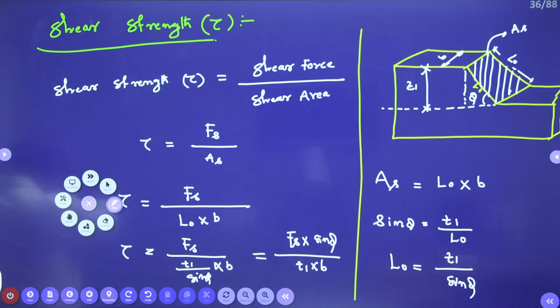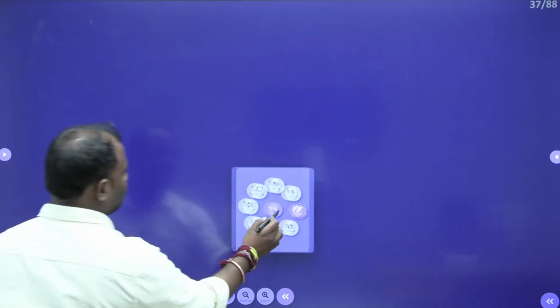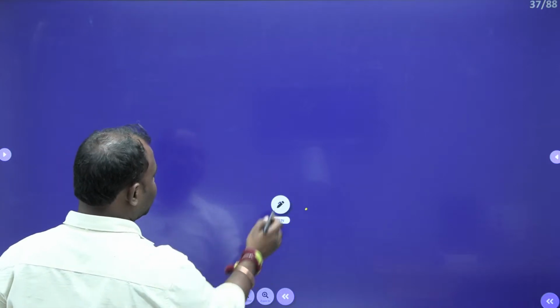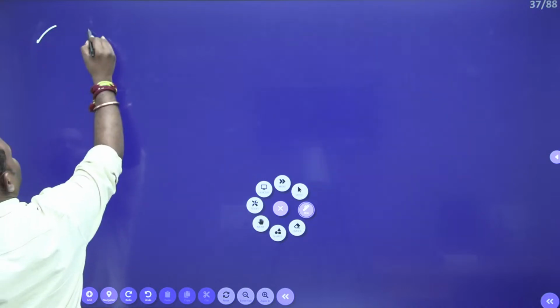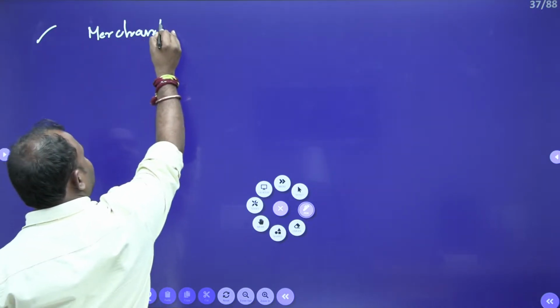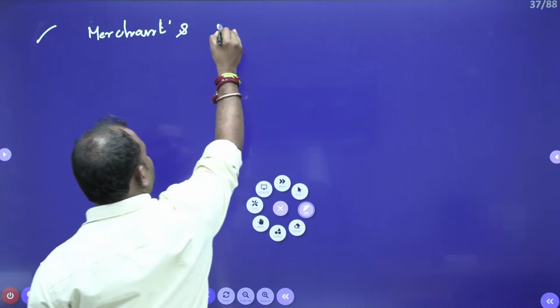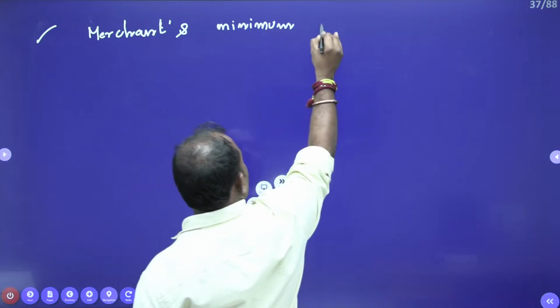Let me give you some other formulas also. Merchant's minimum energy criteria.